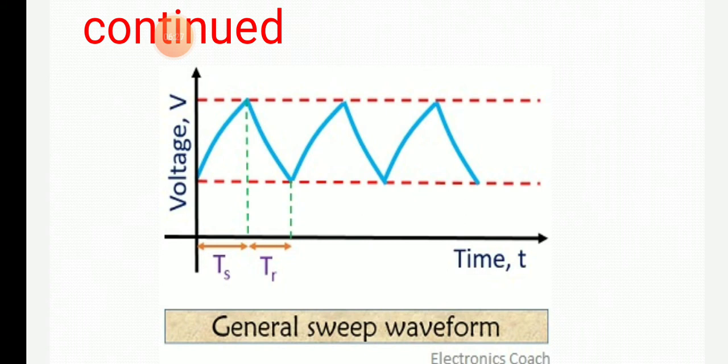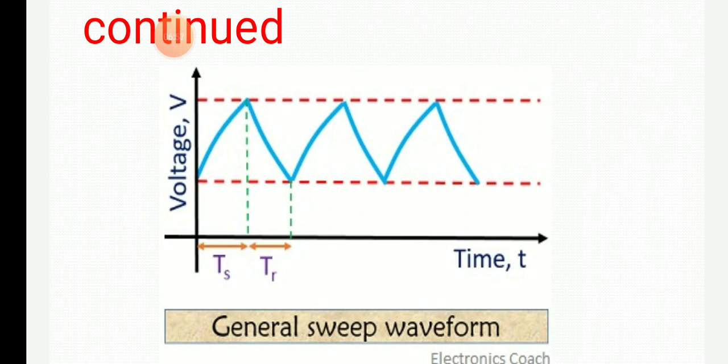As shown in the figure, during the sweep time TS, the beam moves left to right across the CRT, cathode ray tube. The beam is deflected towards the right by the increasing amplitude of the ramp voltage.